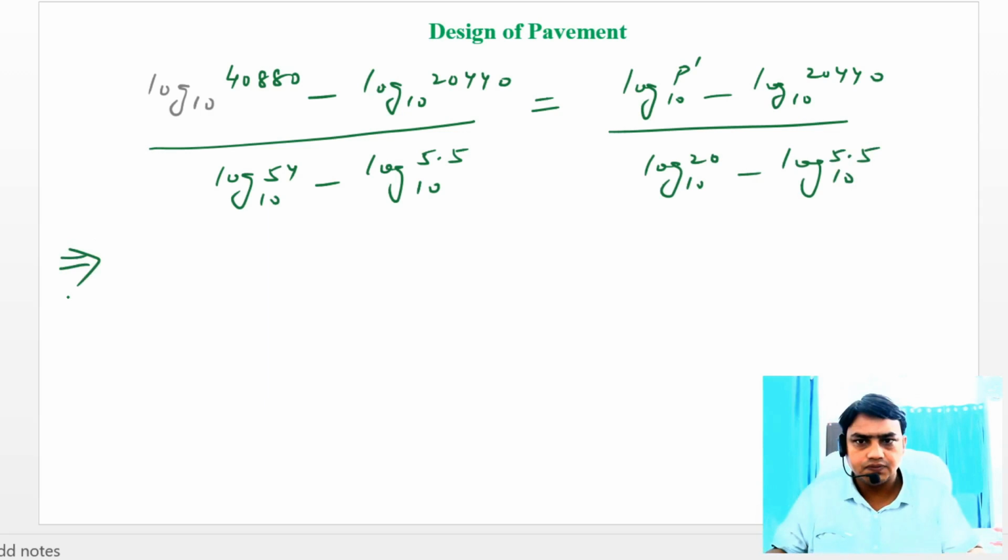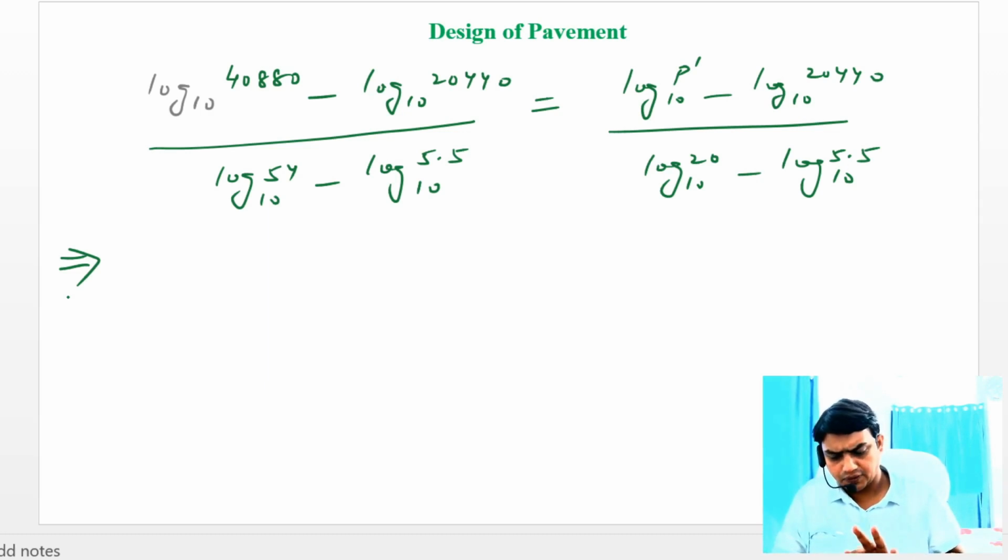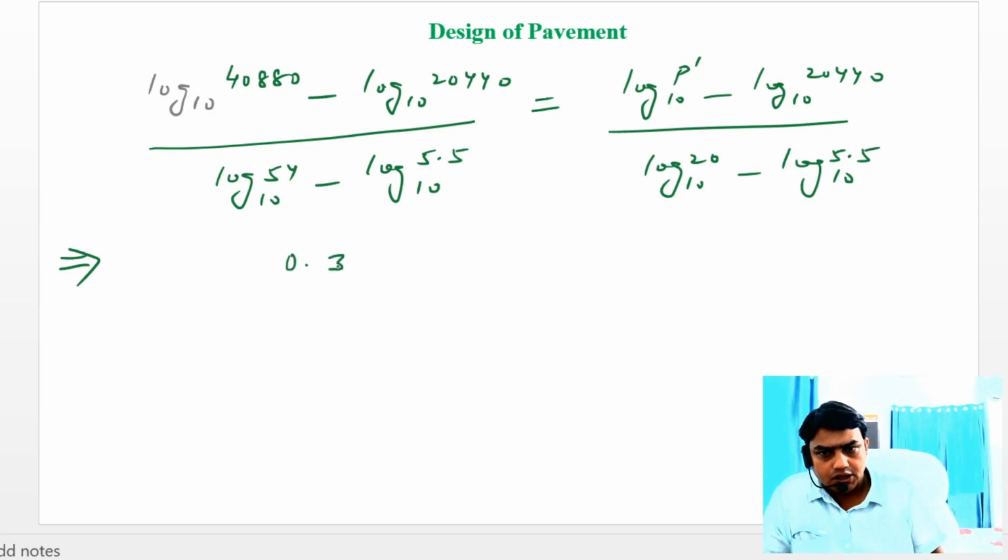So if I compute this value: log to the base 10 of 40880 minus log to the base 10 of 20440, divided by log to the base 10 of 54 centimeter minus log to the base 10 of 5.5, this value is coming 0.303.